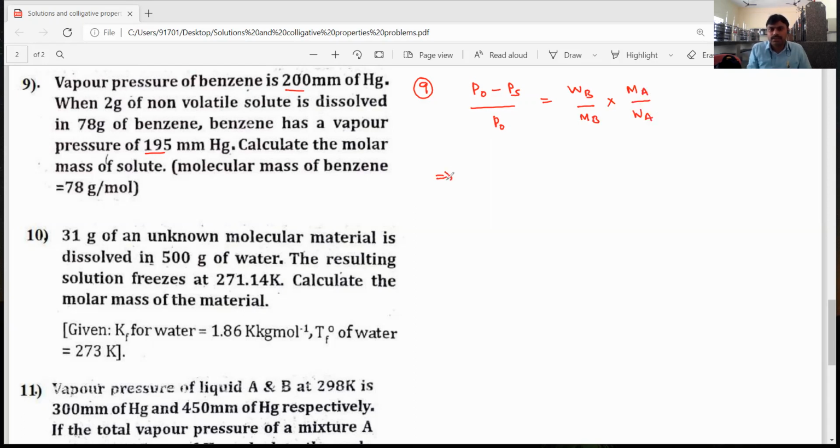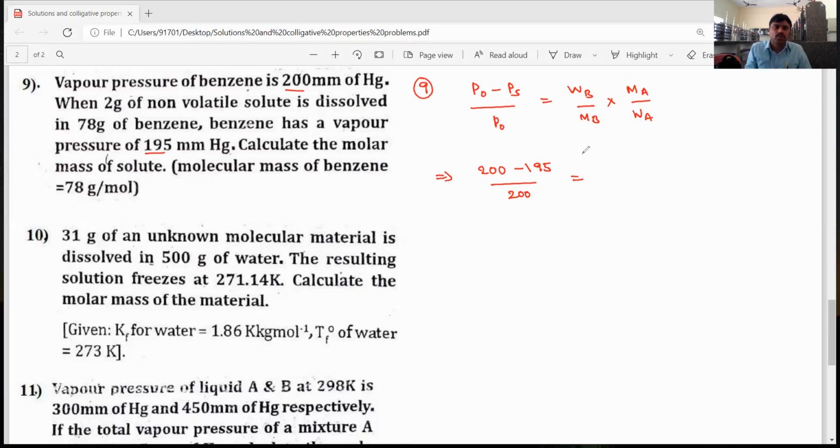From that, we need to find out MB, the molar mass of solute. P naught means the vapor pressure of the pure solvent, benzene, which is 200 mm of Hg, and the solution vapor pressure is 195.